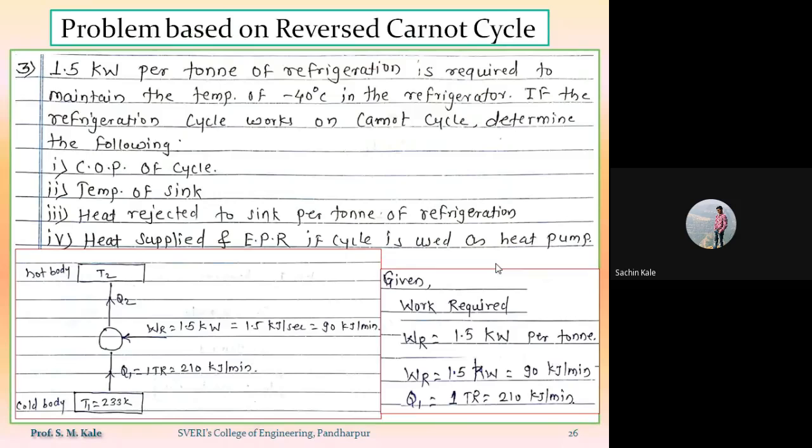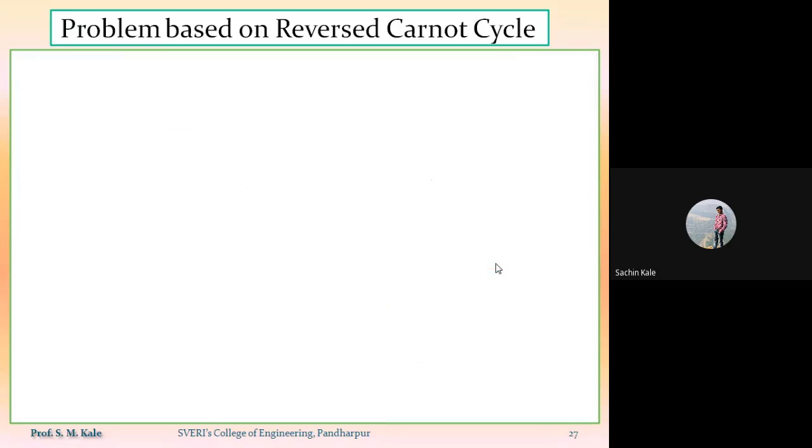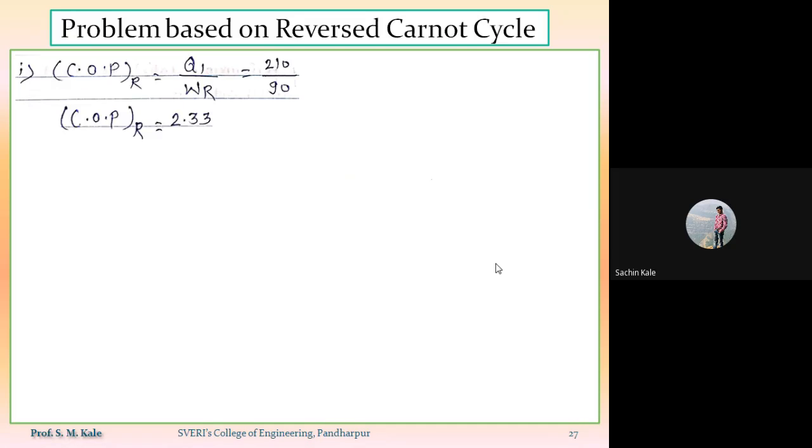So are you getting the solution of the problem? Yes or no? First, we will calculate the COP of refrigerator, as you know the values of Q1 and WR. Q1 divided by WR is the COP of refrigerator, whose value is 2.33. Then we will calculate the temperature of sink, which is T2.